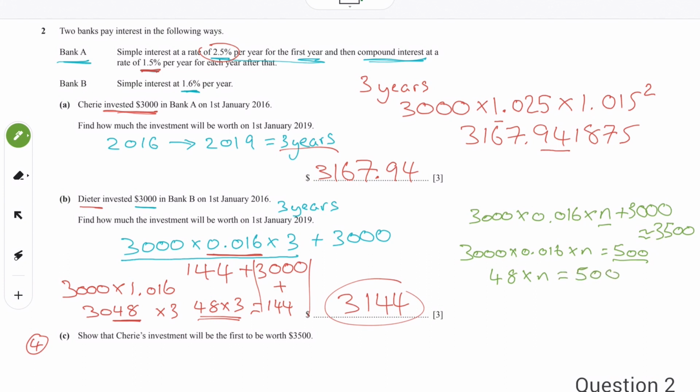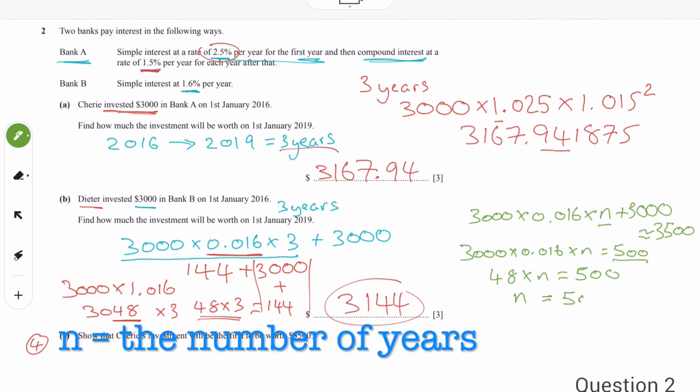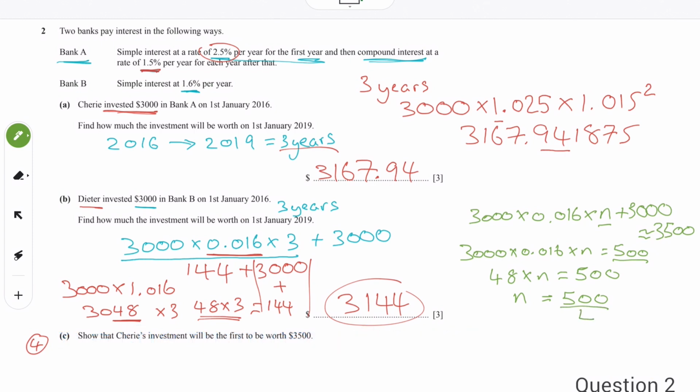So how do I get n on its own? N equals 500 divided by 48, which gives me a value for n as 10.42. So it's going to take 10.42 years to get my investment up to 3,500. 10.42 years. Yeah, that's Dieter's investment. But what about Sherry? So take Sherry's numbers.